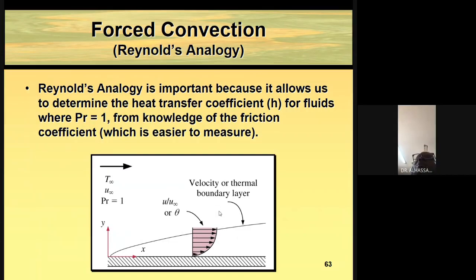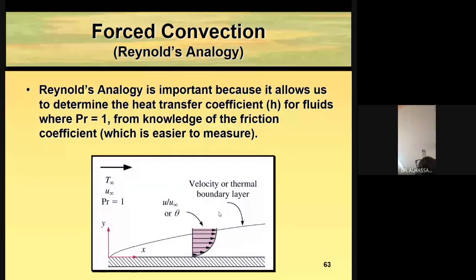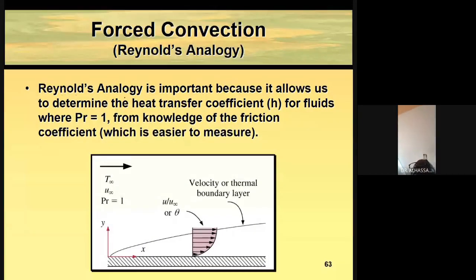Now you see, we are told over here that the Reynolds analogy is important because it allows us to determine the heat transfer coefficient for fluids where the Prandtl number equals 1, from the knowledge of the skin friction coefficient, which is easier to measure.